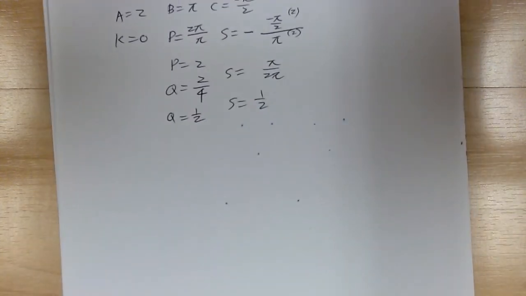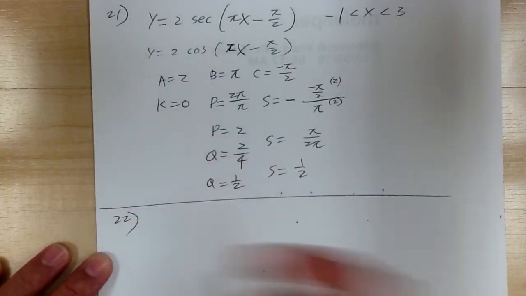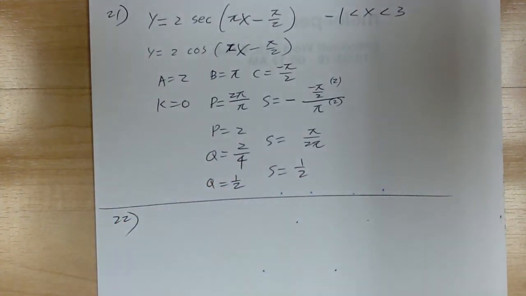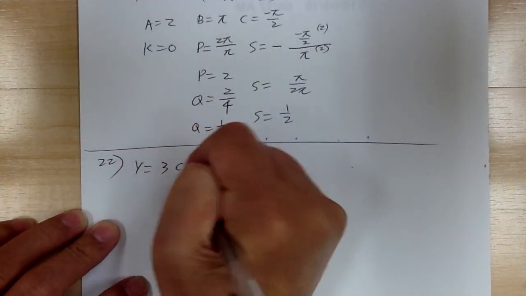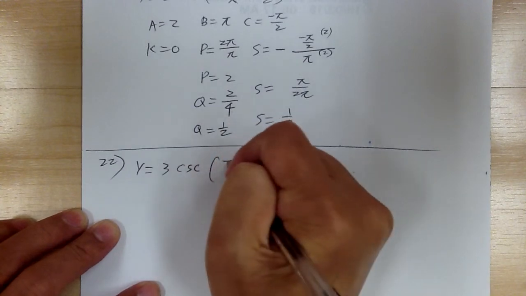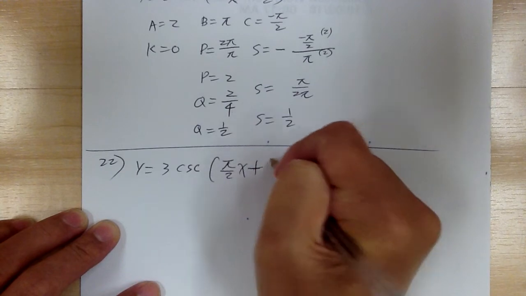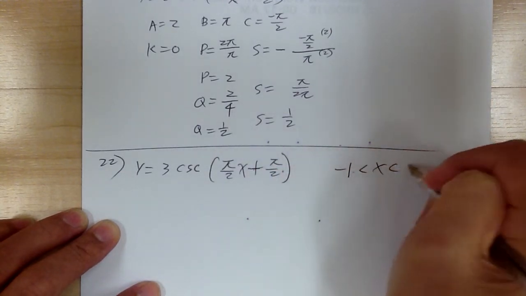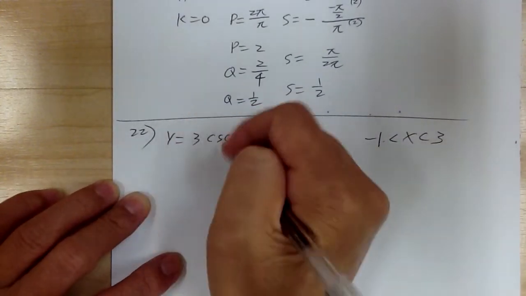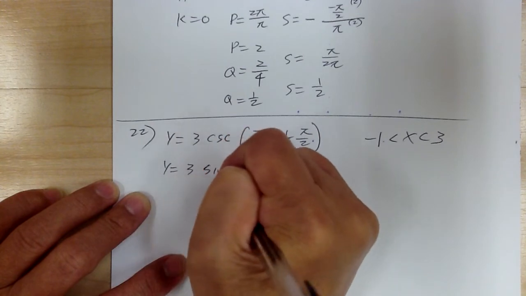Now let's go to 22. Number 22, you have y equal to 3 cosecant of pi over 2 x plus pi over 2, and you want to go from -1 to 3. So again, cosecant came from sine, so you want to pretend you want to graph the sine function.